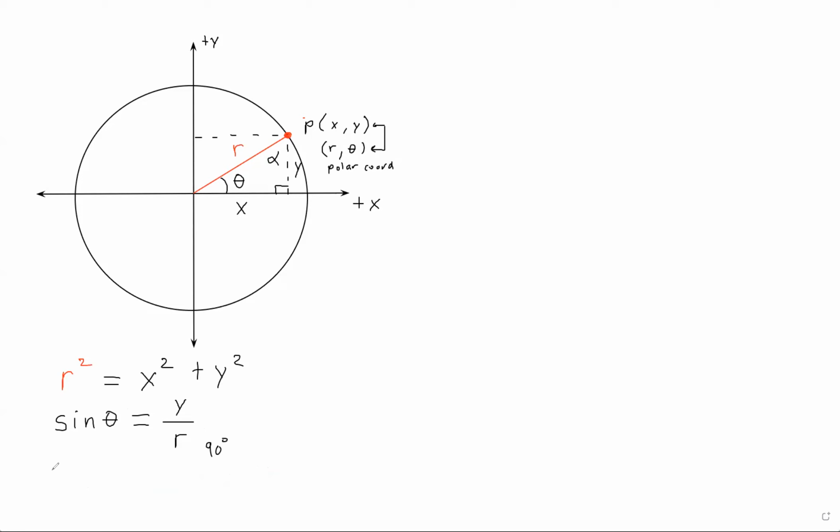And also, the co in cosine just means the complement of sine. So cosine is the complementary angle. These two angles have to add up to 90. Alpha and theta have to add up to 90. All the angles of the triangle have to add up to 180. So if we know that this angle is 90, then theta plus alpha have to equal 90, and that'll equal 180 degrees.